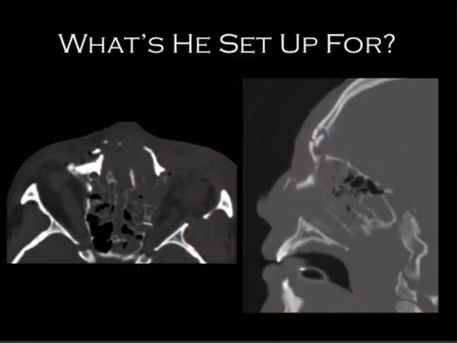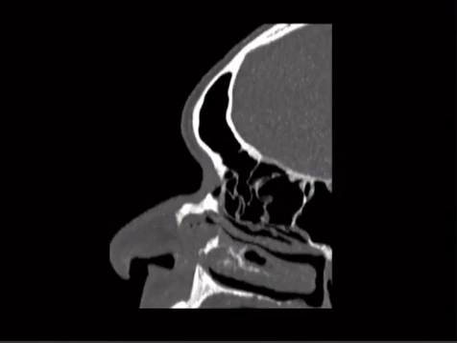All right, so next case, this person's had a bad smash to the face here, a naso-orbito-ethmoid pattern where the nose and things are just sort of crushed backwards. So what is he set up for? Let's review real fast normal sinus anatomy here.